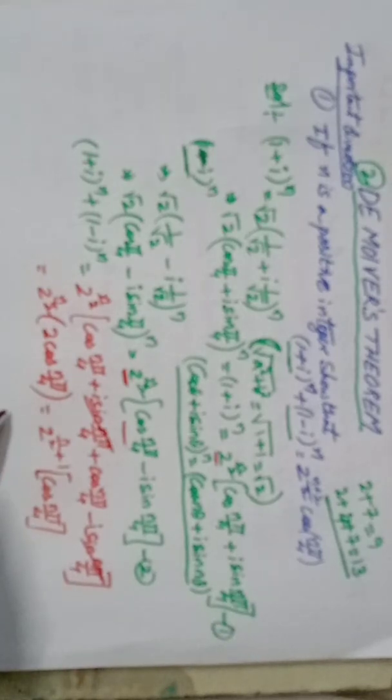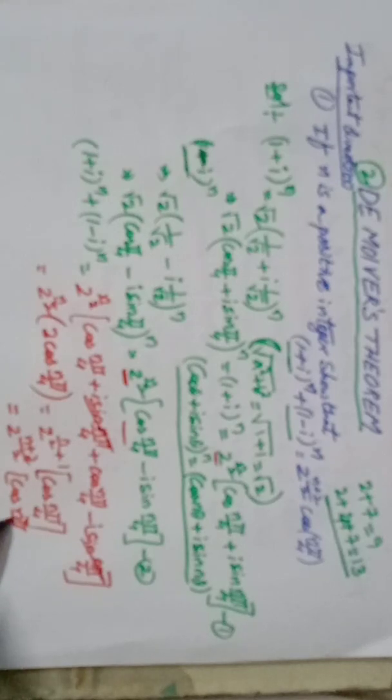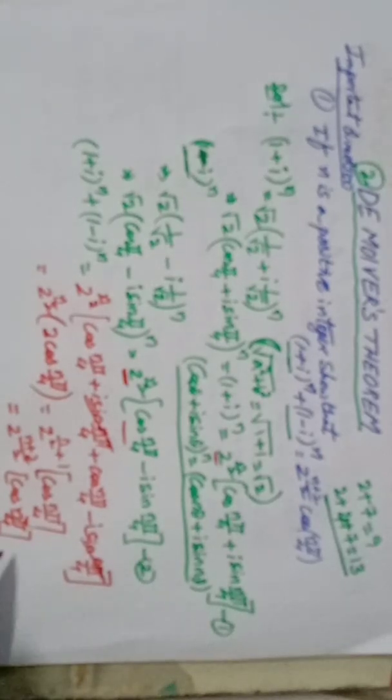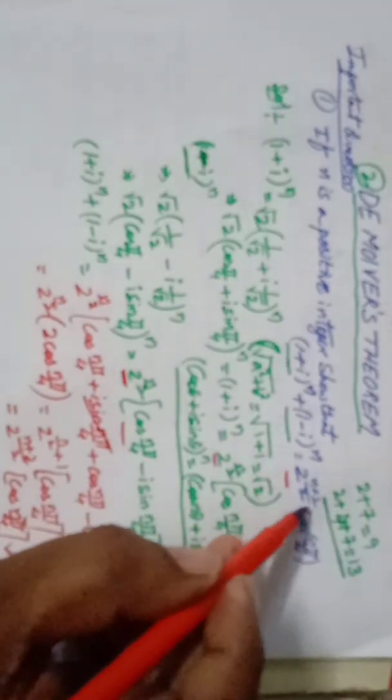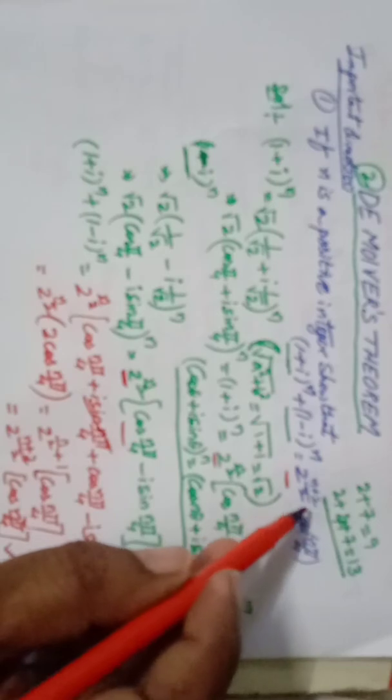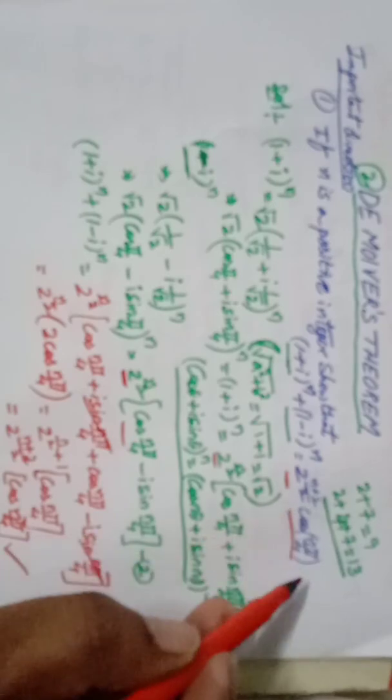So then you will get the final answer. What is the final answer? 2 to the power of (n plus 2) by 2, cos n pi by 4. Okay, that is the final answer.